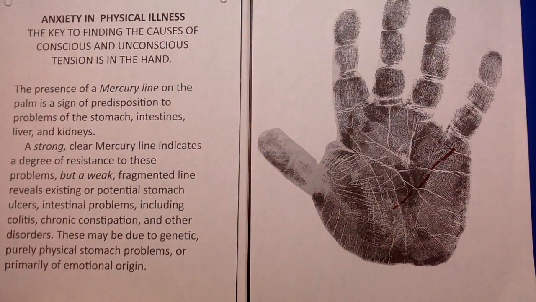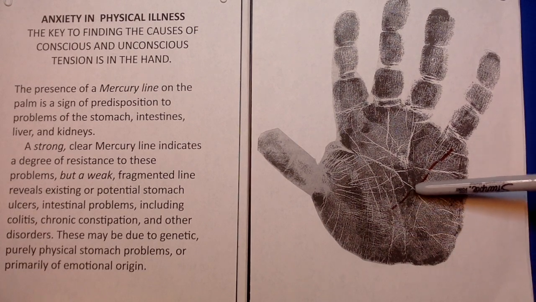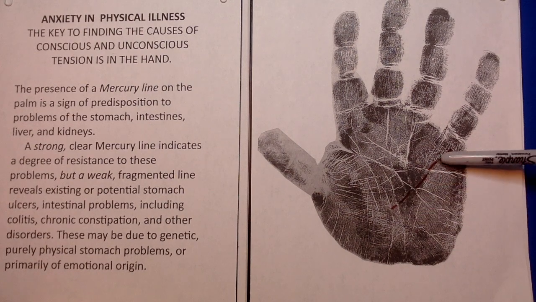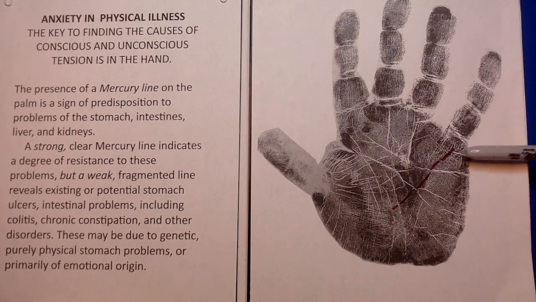Continuing. A strong, clear line indicates a degree of resistance to these problems. So if the line is going and it doesn't break, it just goes in a straight line over. That's a good sign. It's like you are doing something about it and you're not sort of addicted, if I can use that word.